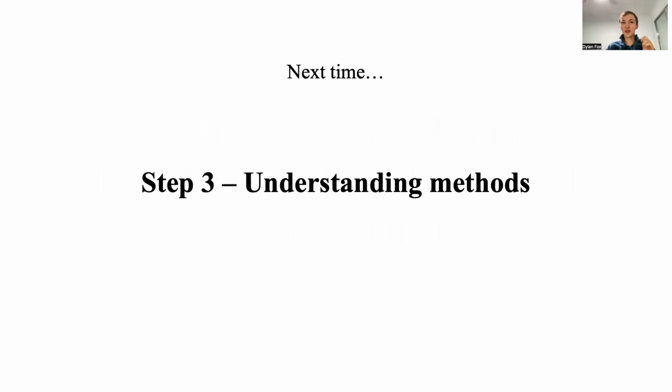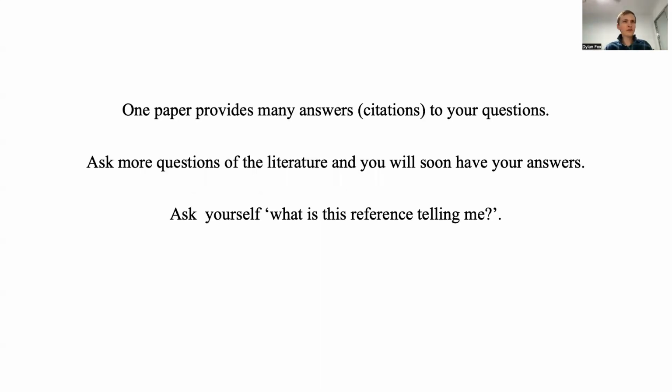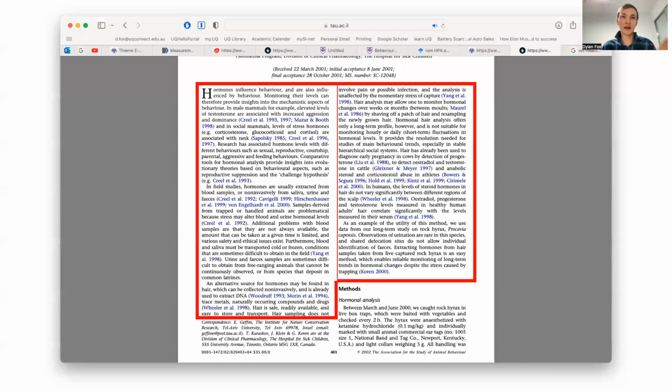That's the end of this presentation, but next time I'm going to be stepping through how I would understand a method section. This paper not only has valuable research from the authors, but also from all the authors that provided information for this literature review or introduction.